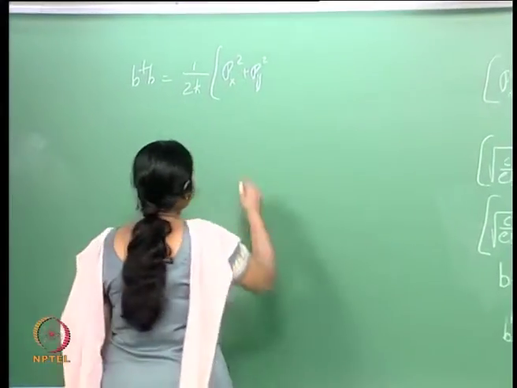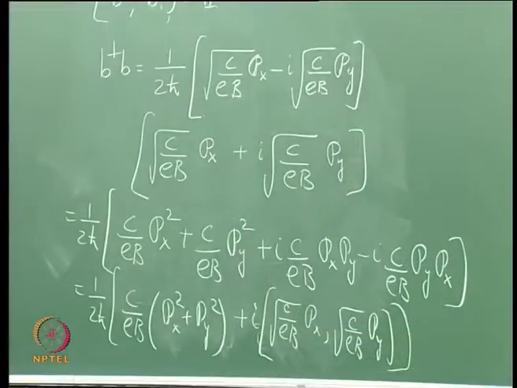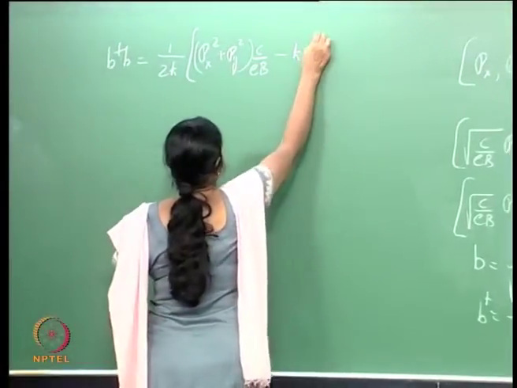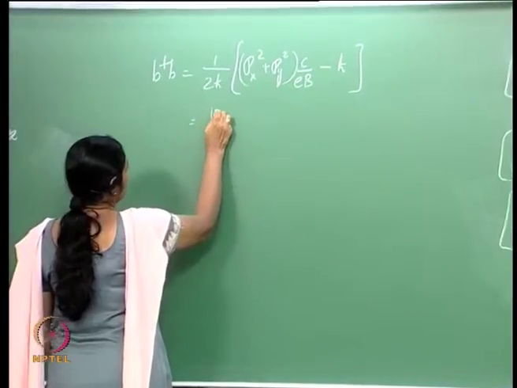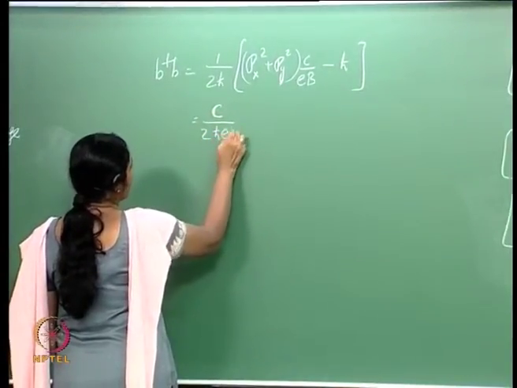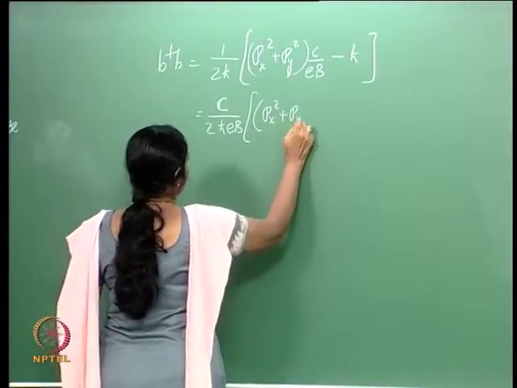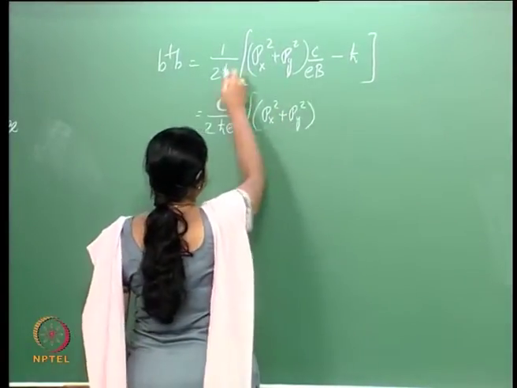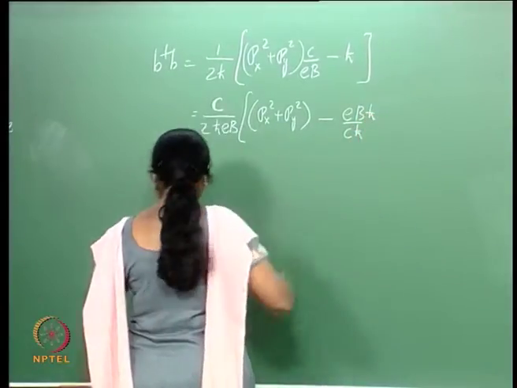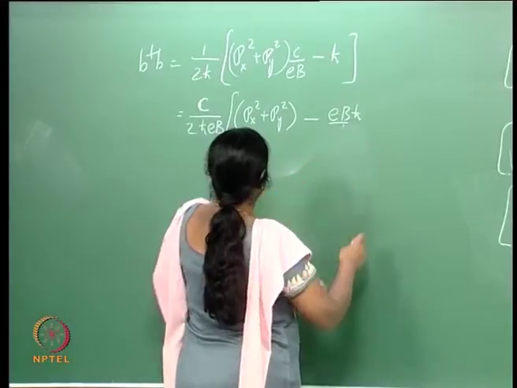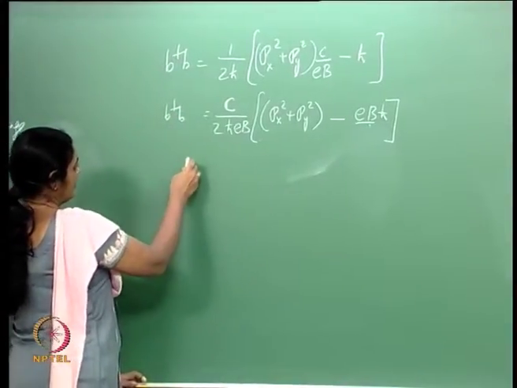There is an overall coefficient C by EB multiplying that, and then I have plus I times Iħ, which is minus ħ, and therefore C by 2ħEB Px squared plus Py squared, minus EBħ by C, equals B dagger B. I can do better.